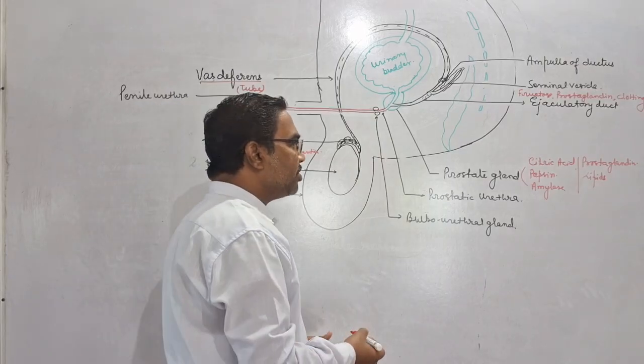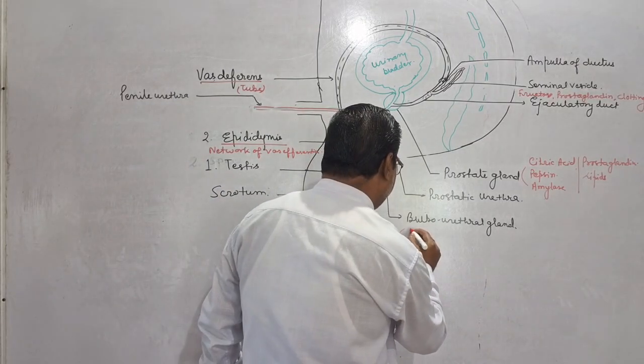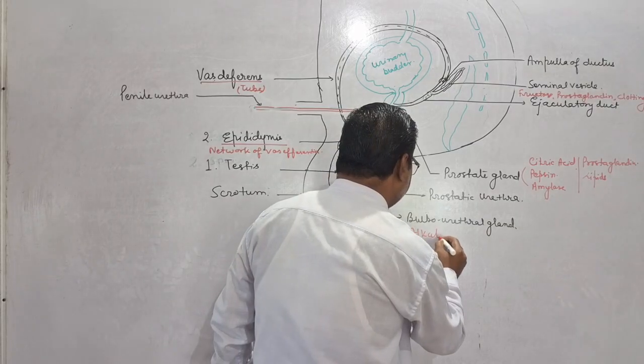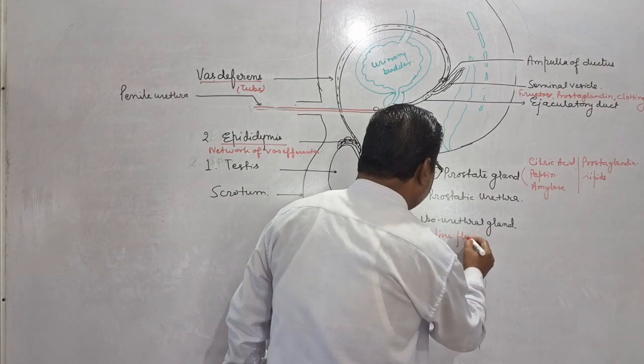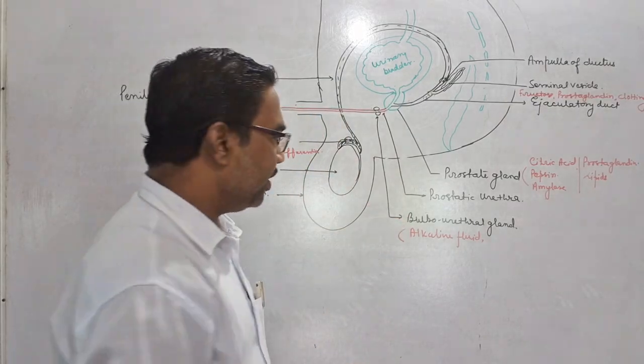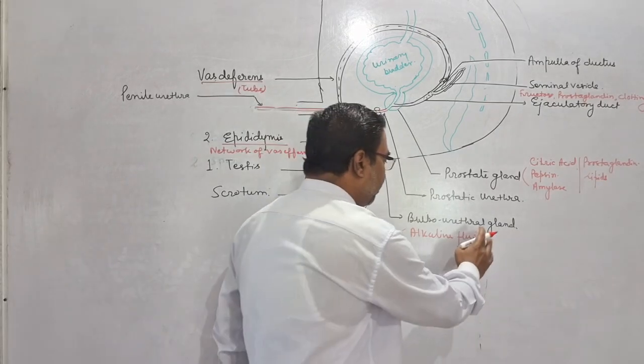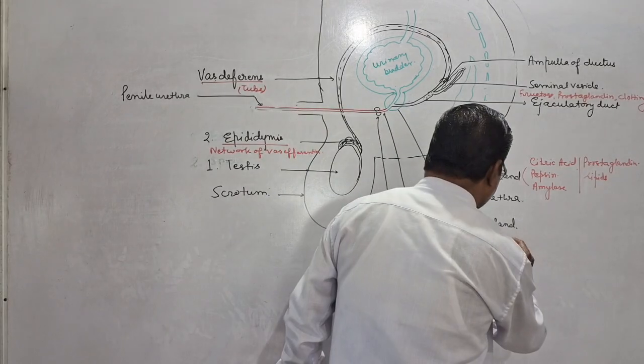It also contributes something, that is, alkaline fluid is produced by the bulbourethral gland. Actually, alkaline fluid is very important. One more thing is mucus.